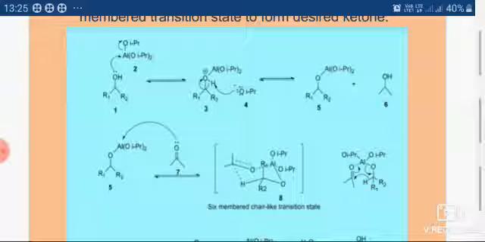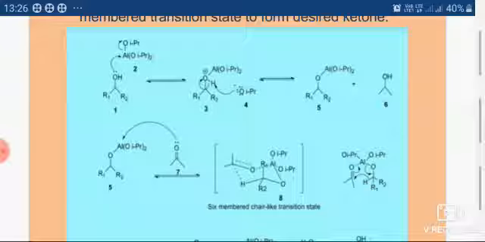Now one of the isopropoxide anions departs from the aluminum complex, and this new alcohol coordinates with the aluminium. Now in the second step, the proton of the alcohol has been lost, and there is formation of isopropyl alcohol and an aluminium complex intermediate.